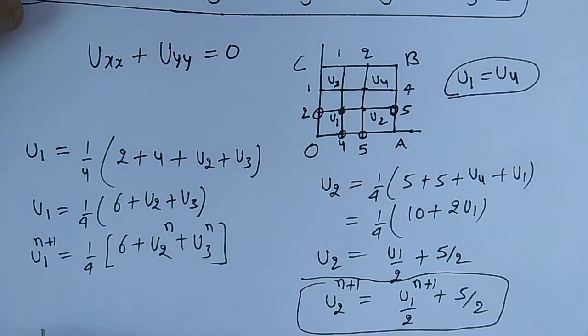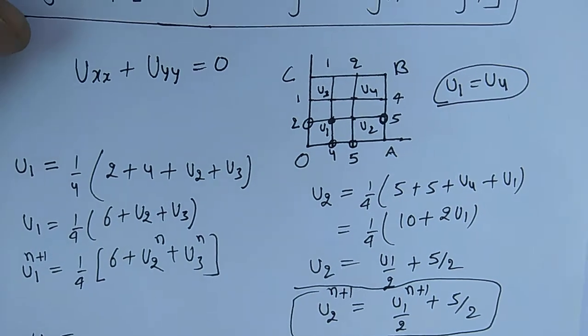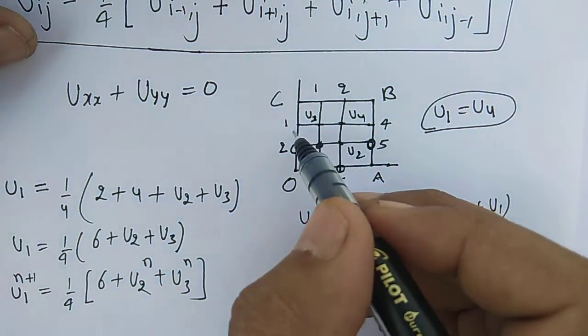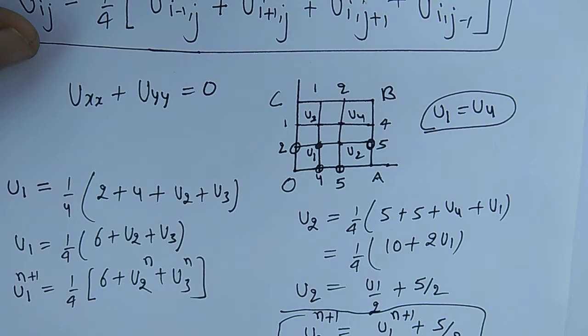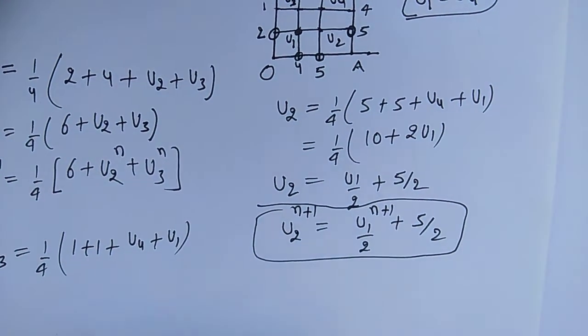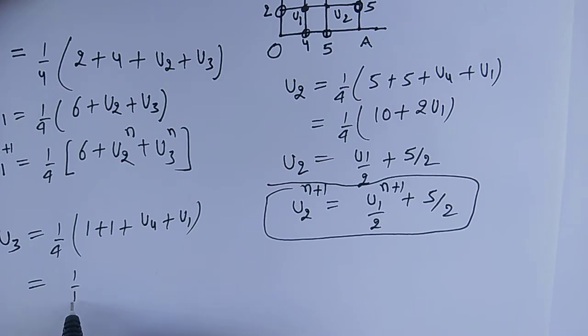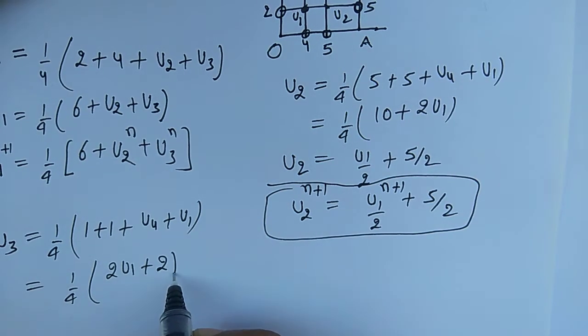Now for u3, if you see u3, we get 1 by 4 of 1 plus 1 plus u4 plus u1. So u4 equals u1, so we have 1 by 4 of 2 u1 plus 2.